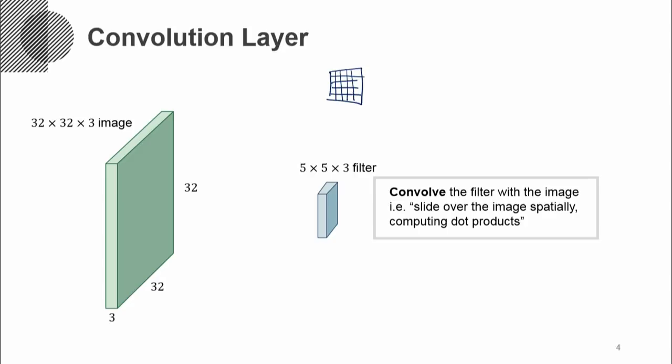Since our input image has the depth of 3, we have to think of our convolution filter as having a depth of 3 as well. So our convolution filter is not just defined as a two-dimensional array, but instead it has to be defined by a three-dimensional array that considers this depth of 3.